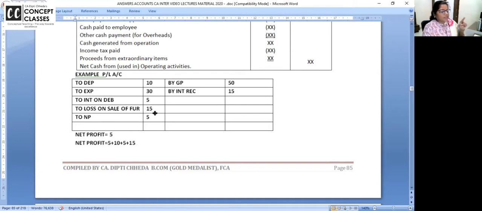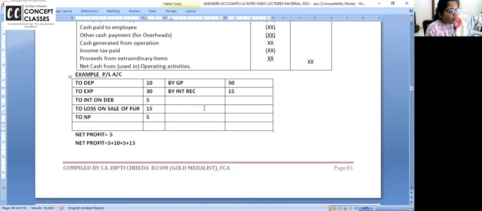So this loss you have debited, are you seeing my cursor? You have debited the loss, but the thing I want to say is no money is coming in. Are you all getting my point? No money is coming in or no money is going out. Loss is not paid in cash. So can I add back this? Yes.